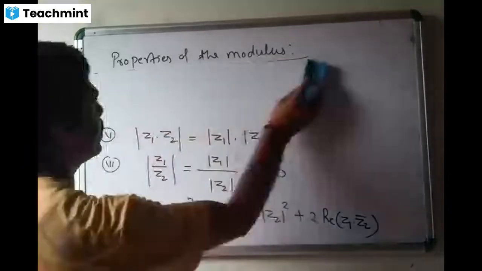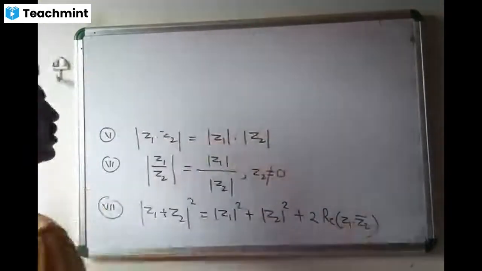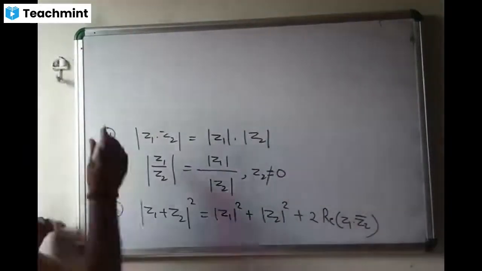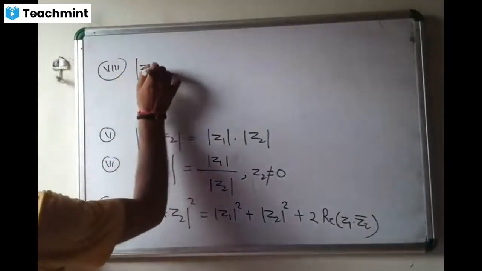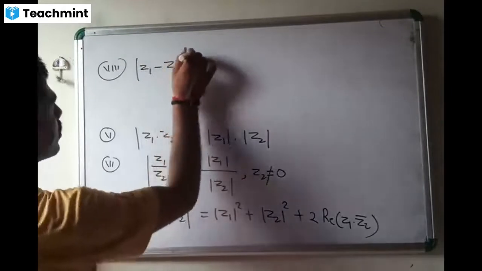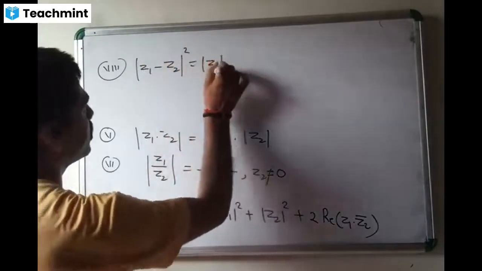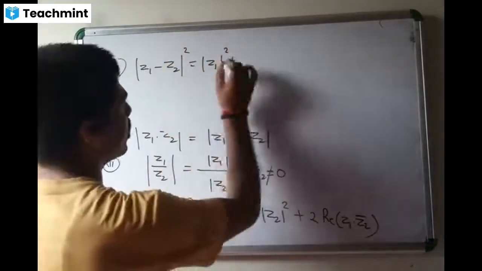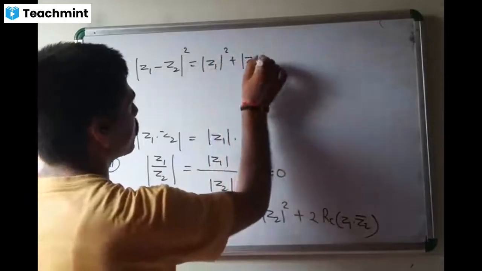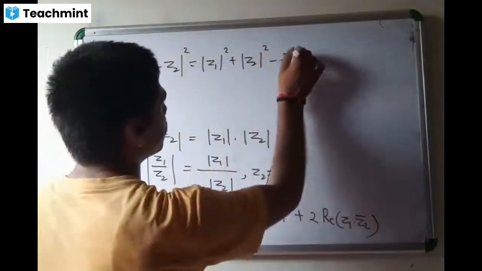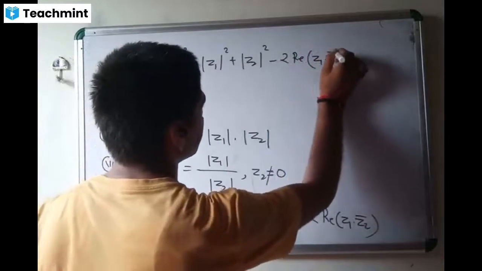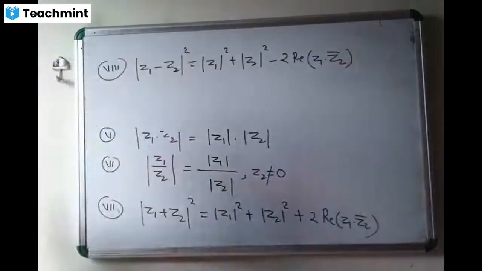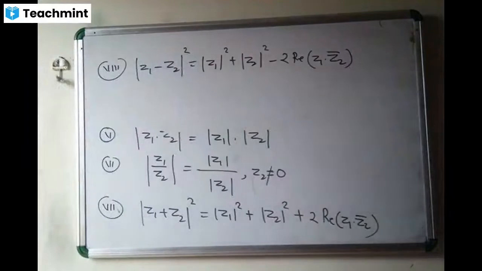And similarly, you will find the difference. The square of mod z1 plus the square of the modulus of z2 minus 2 into the real part of z1 into the conjugate of z2, isn't it? Yes, sir.